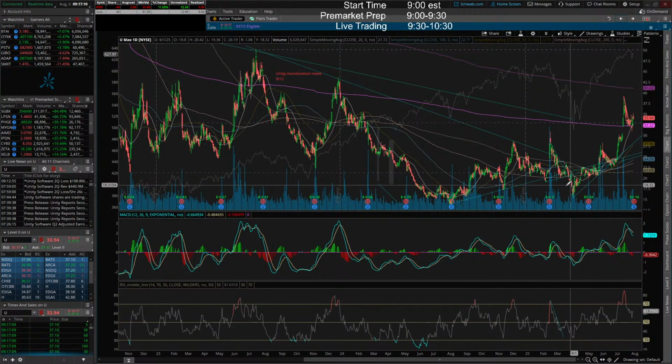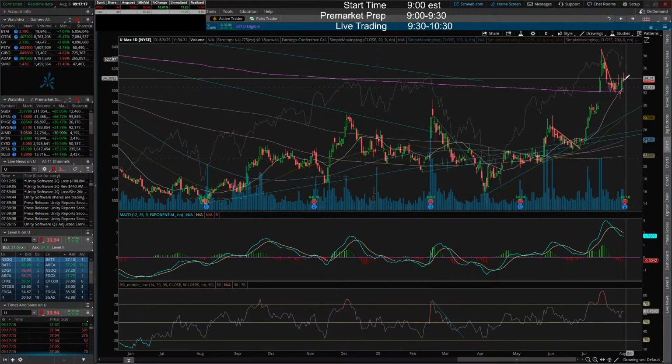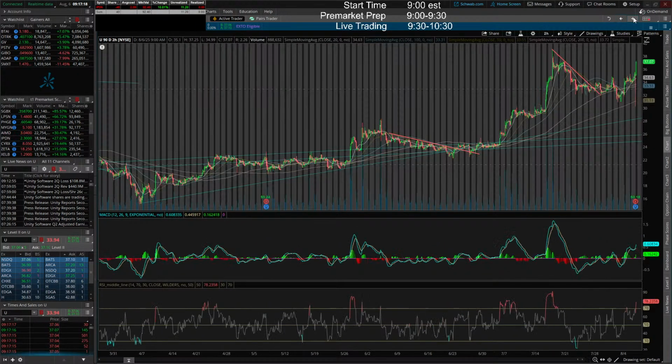So it sort of built up out of this base here, pushed up really nicely, holding a higher low over here, and it's having a good reaction to earnings. So that is actually looking incredible right now. Wasn't expecting it to rebound like that.